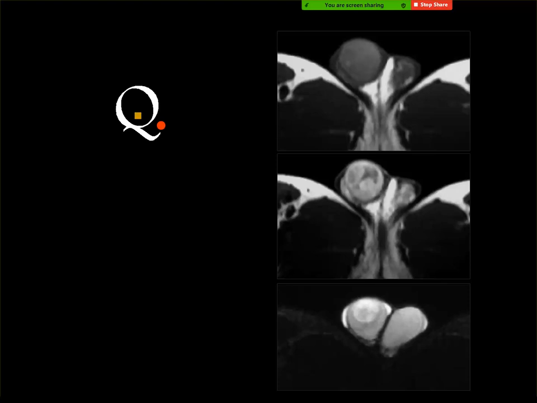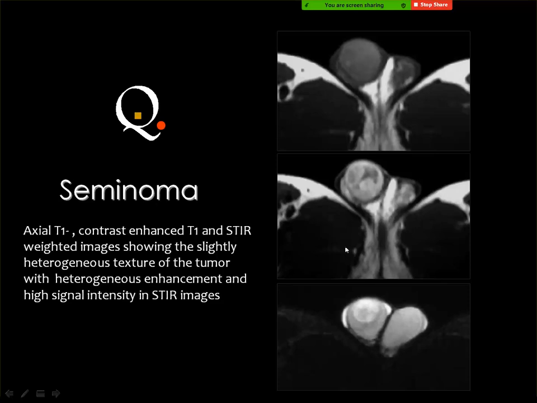Yes, if you do not see the age, you consider seminoma, which is the most common testicular tumor. But if the age is present, and the patient is young, you may consider teratoma or yolk sac tumor, but seminoma is considered the most common testicular tumor in young adults.